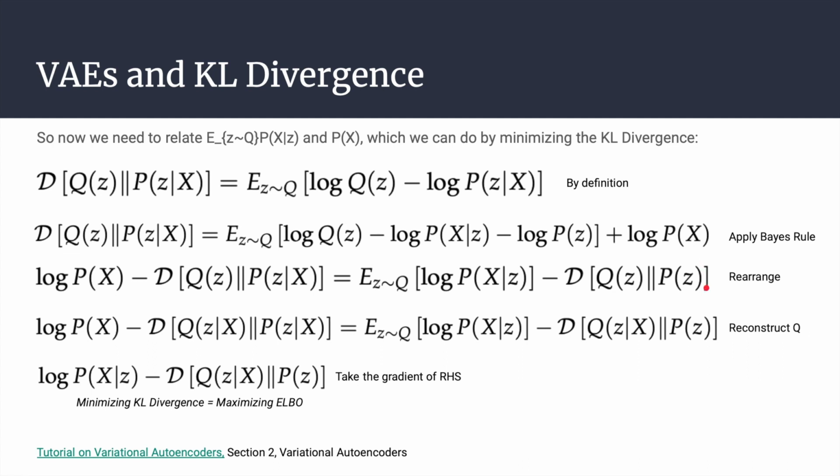Rearranging this equation can spit out this equation, and then you can just kind of think of Q of Z. Before, Q of Z was just some random function that didn't have to depend upon X, but we can just throw it in there that it does depend upon X, and reconstruct it to look like this.